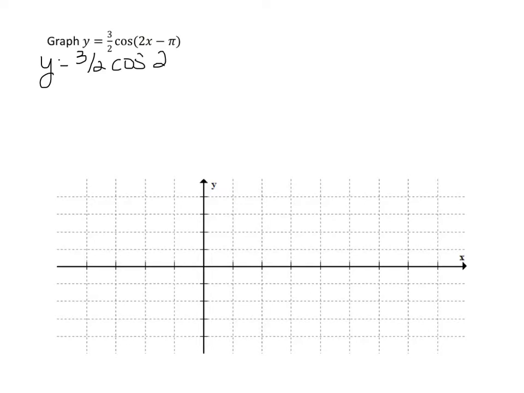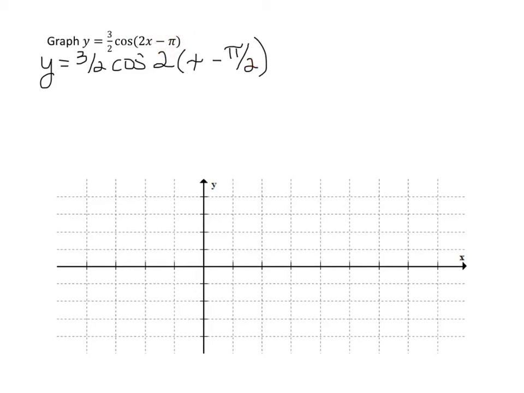You have to factor out the 2, which means 2x simply becomes x. But this minus pi is going to end up being minus pi over 2. The reason is because when we multiply this 2 back through, 2 times x is 2x, which is here. 2 times negative pi over 2 would just become negative pi.